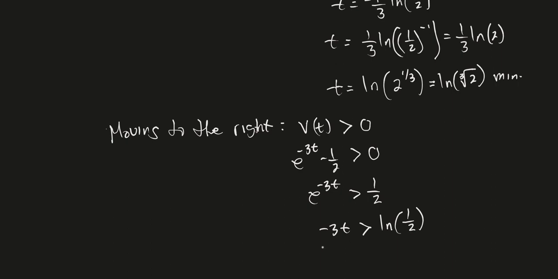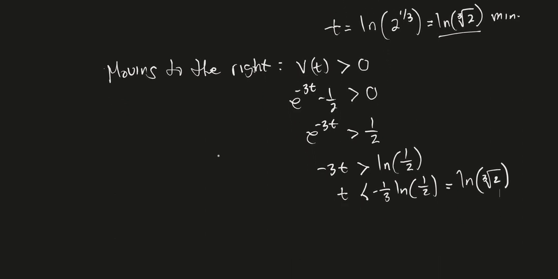So you have to be careful and apply those properties when solving inequalities. So t is actually less than negative 1/3 ln of 1/2, which I will write in the simplified form: the ln of the cube root of 2. So whenever t is less than this quantity, the object is moving to the right.